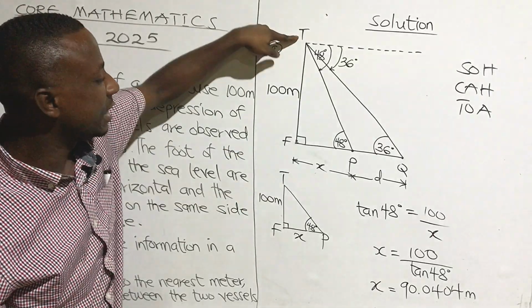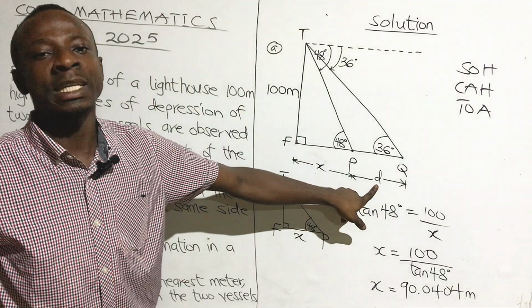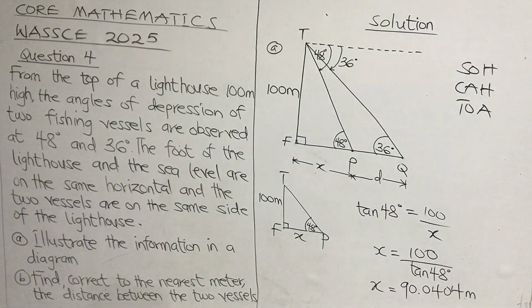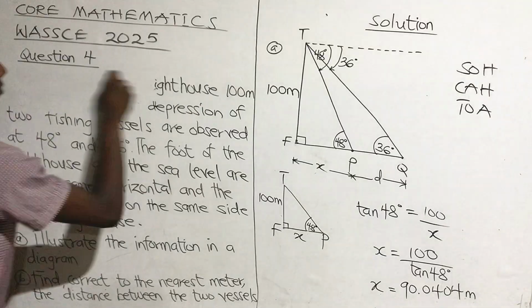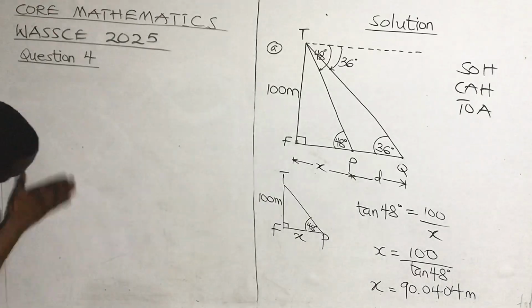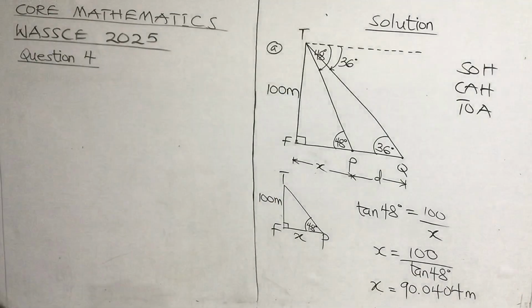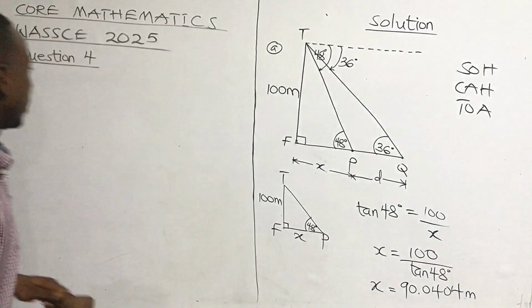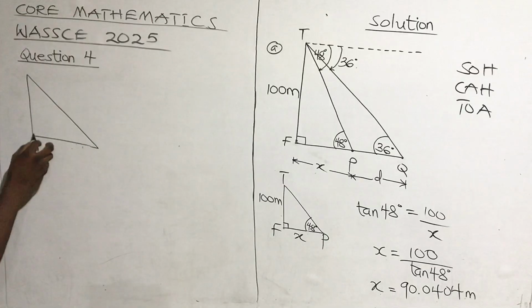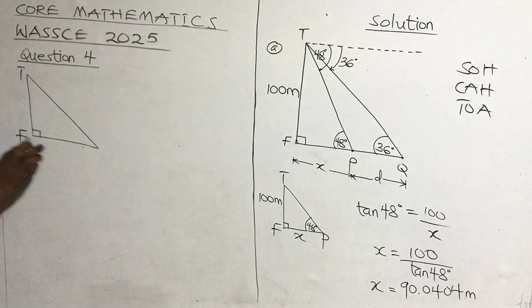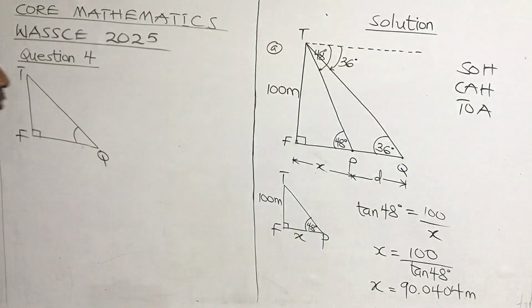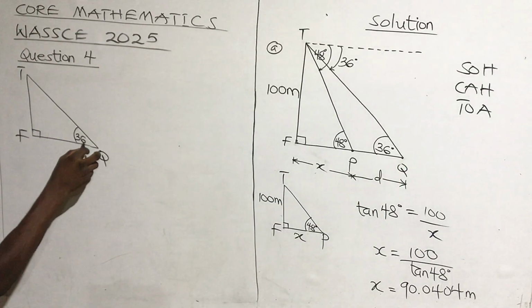That is triangle TFQ, which will help us to get the distance D. So from triangle TFQ, the angle here at point Q we have 36 degrees.